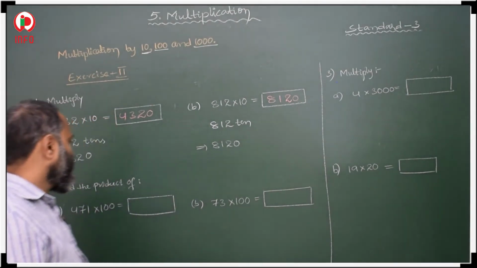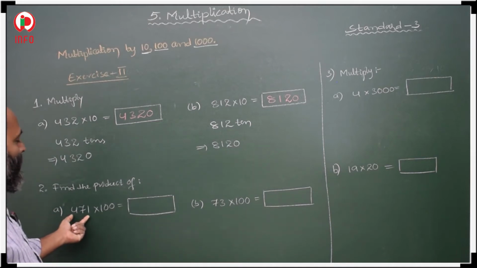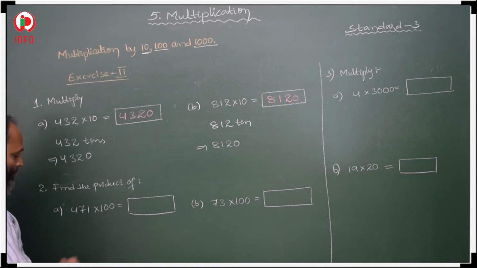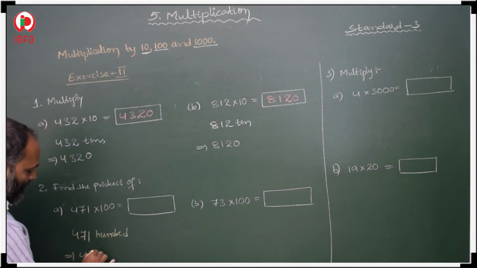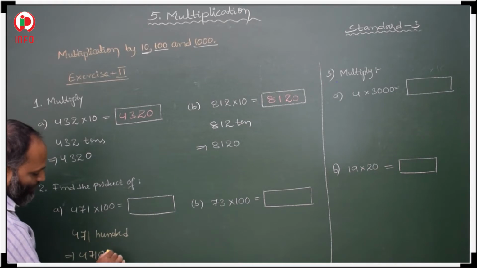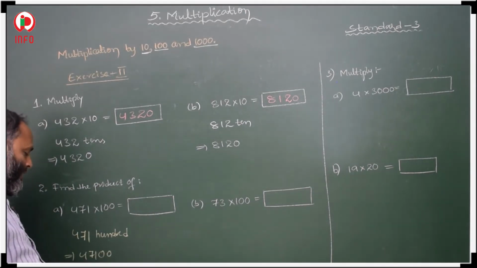Now find the product of 471 with 100. It means 471 hundreds, so we have to take 2 zeros. When hundreds are there, we keep 2 zeros in ones place and tens place.